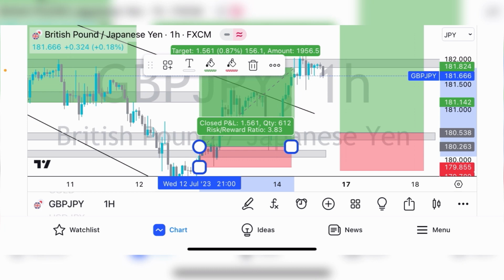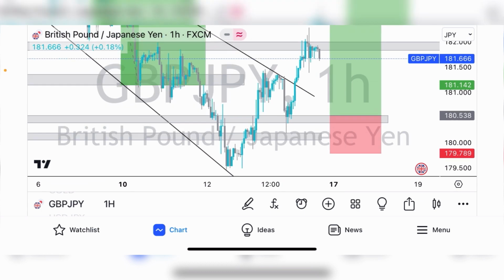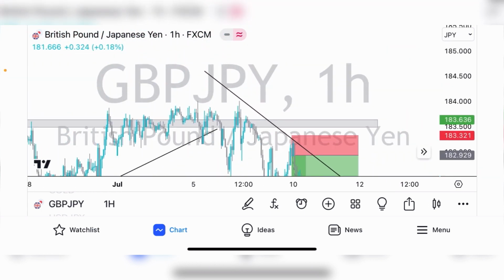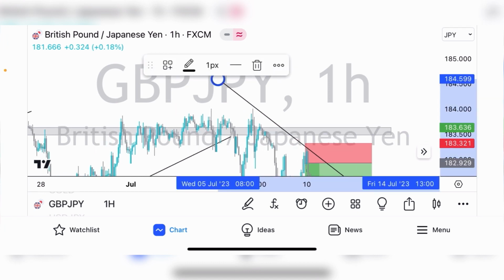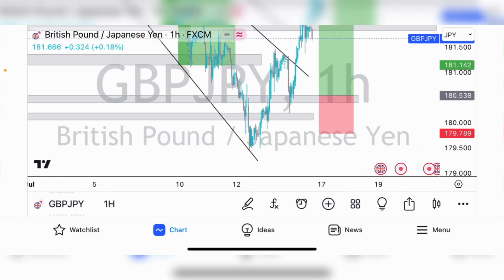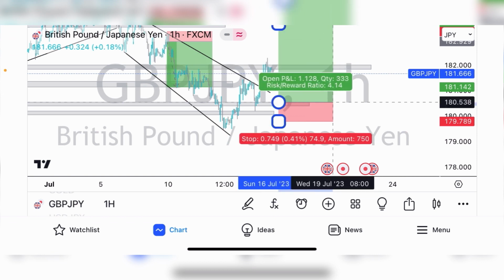Let me just remove this. I already screenshot. So as you can see, we made a breakout in this pattern, and this pattern indicates a bullish move.